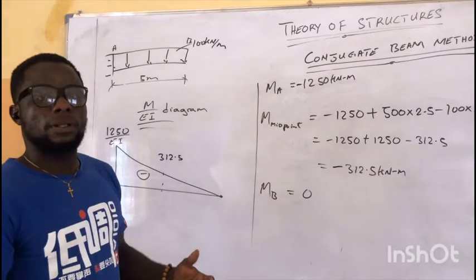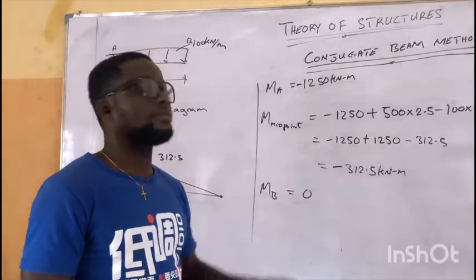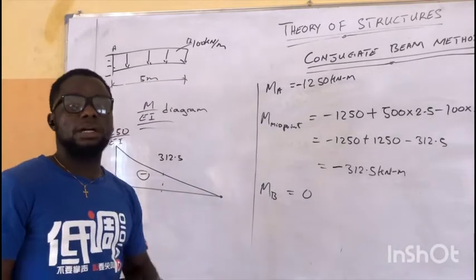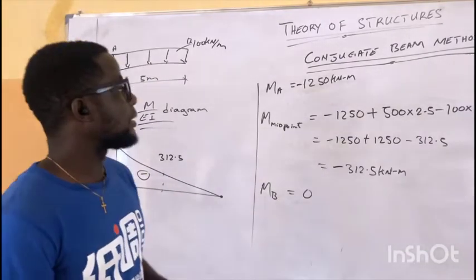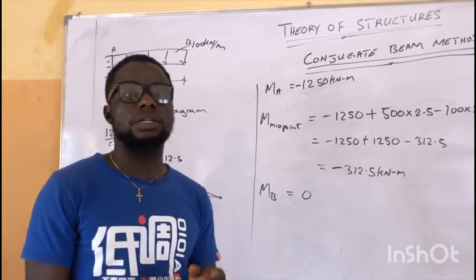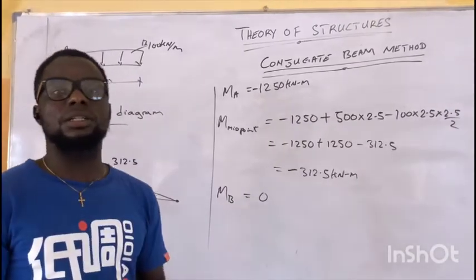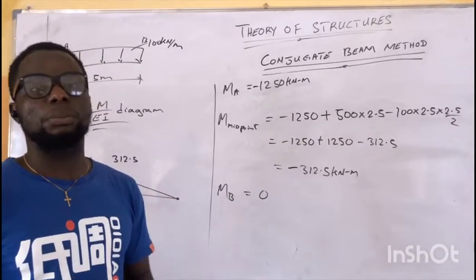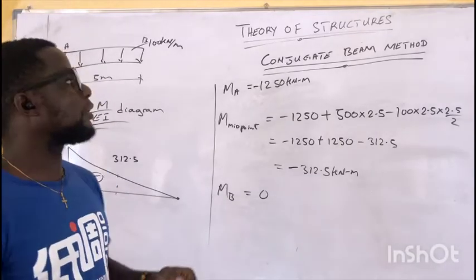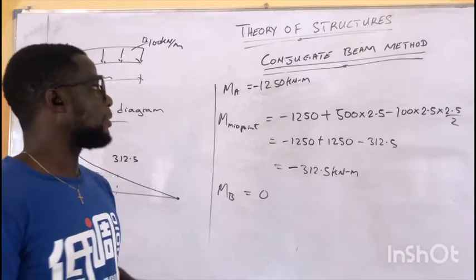So the next step is how to apply the concepts of the conjugate beam method. Remember, in the beginning I said we have two types of beam, the original one and the conjugate. And the concept says that you have to change the supports of the original beam to the conjugate of it, and also change the loading to the virtual load.